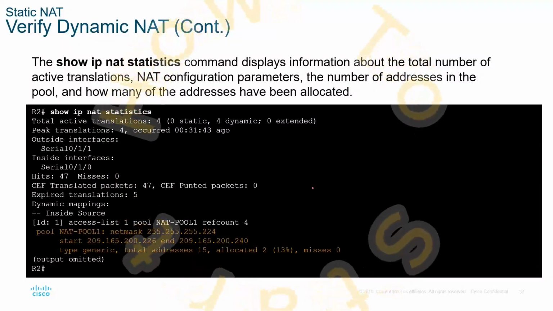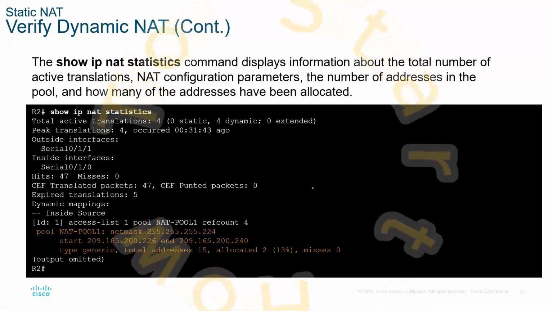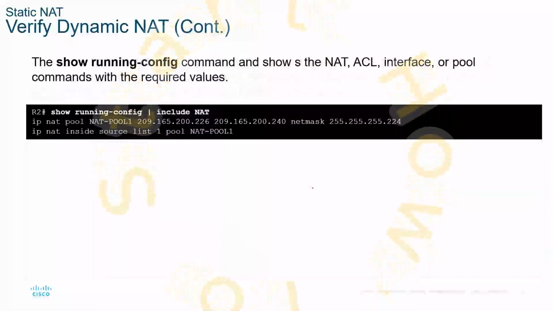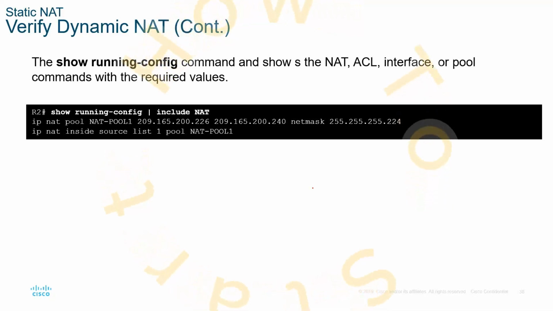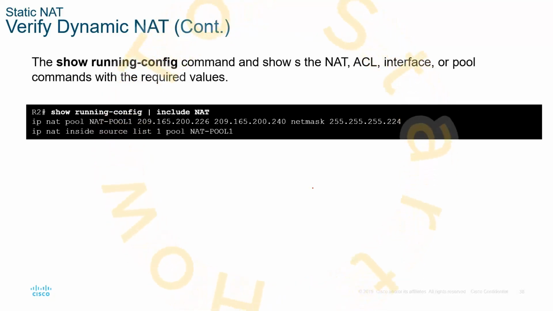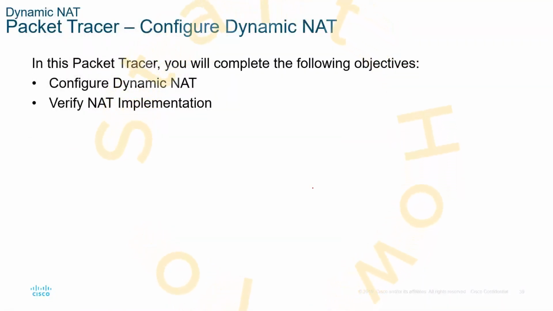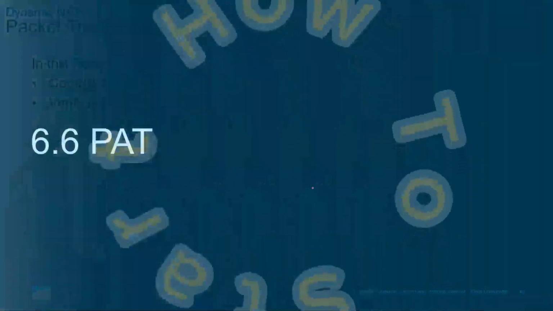That way our statistics will show what is being allowed, what's being allocated, total addresses being used, if there's misses. And lastly, we can always look at our show run command to look at what is happening in the show run. And again, we have a lab verifying and walking through dynamic NATs.